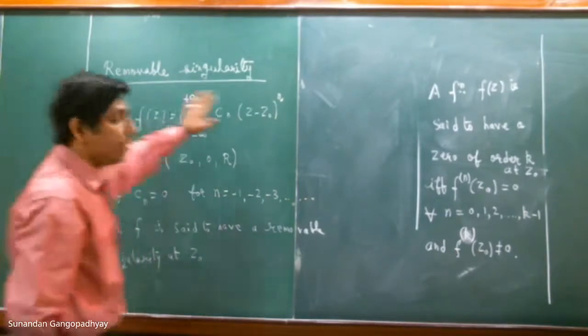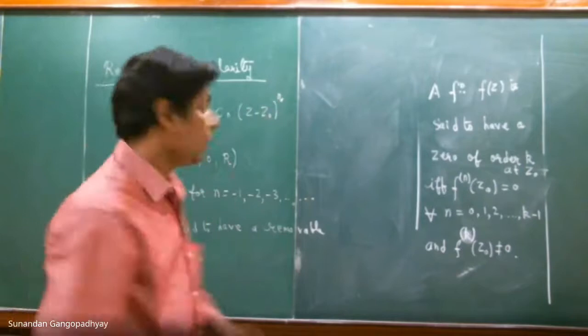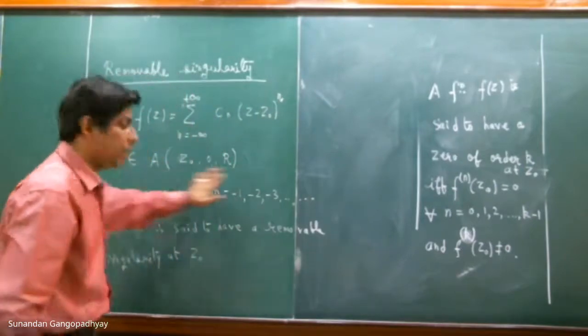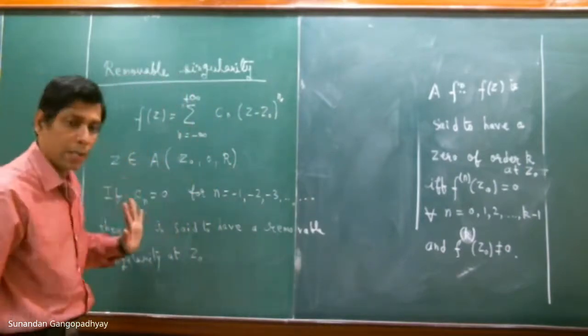So it has a singularity at z naught, and therefore it admits a Laurent series expansion in this region, in this open annulus or punctured disk.